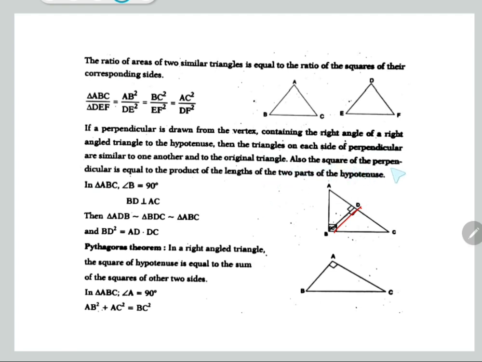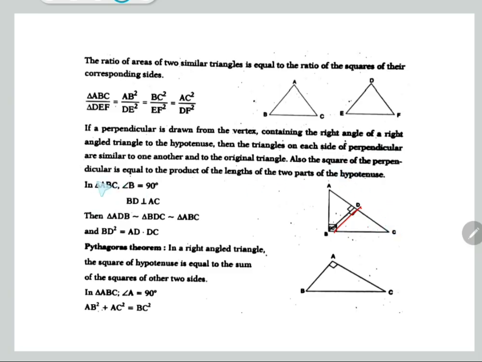Also, the square of the perpendicular is equal to the product of the lengths of the two parts of the hypotenuse. That means BD square is equal to AD into DC.